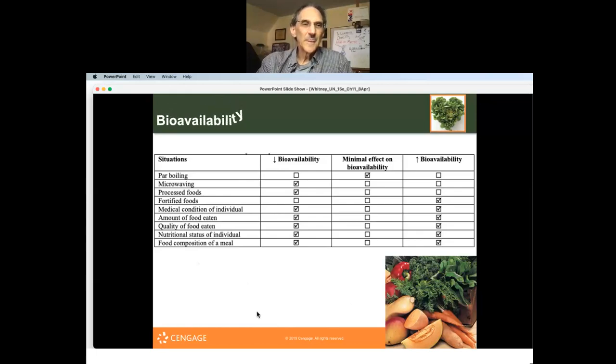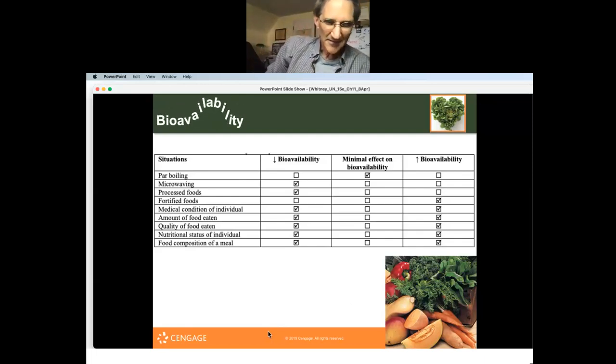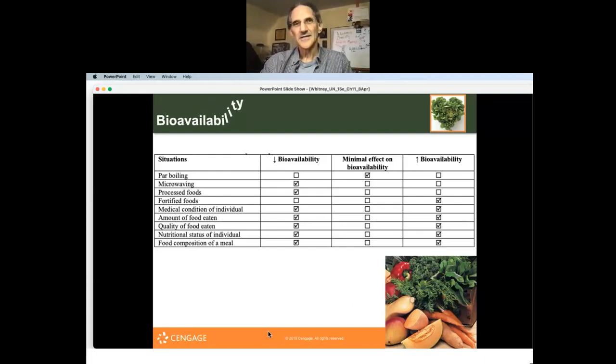Composition of the meal: for example, a very high fat meal might slow down or decrease absorption of certain nutrients. That's because of the massive amount of lipid and poor digestion of that, and it goes through the system without being fully digested or absorbed. There'll be nutrients that are lost in that process.